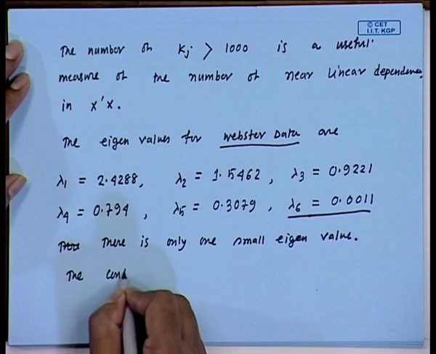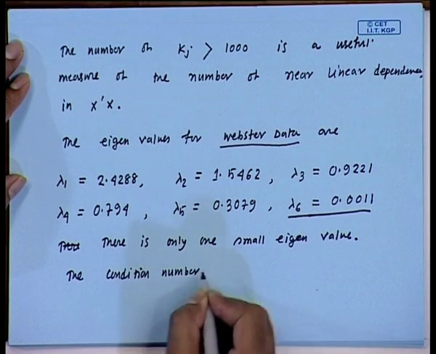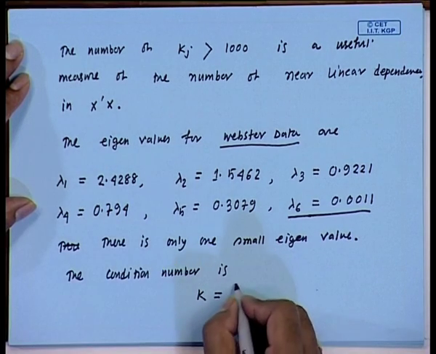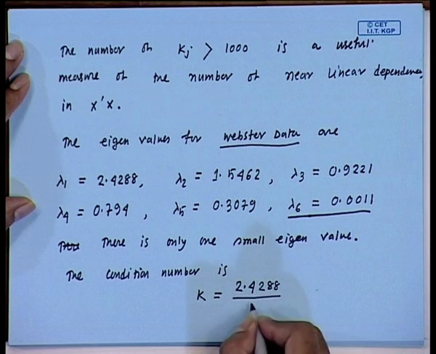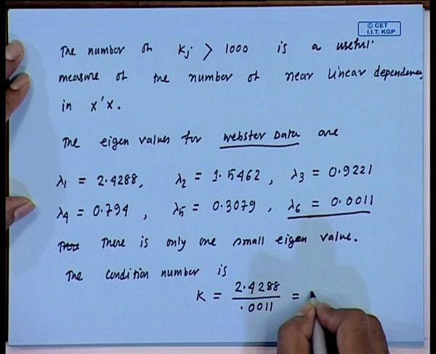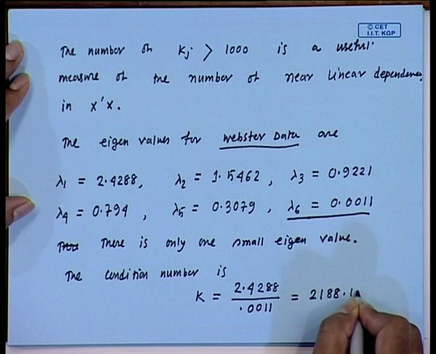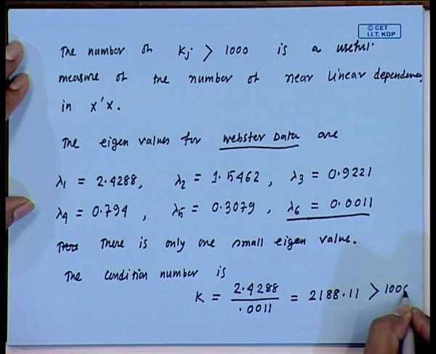Let me first compute the condition number. The condition number is k, which is lambda max, lambda 1 here, 2.4288 by 0.0011, which is equal to 2188.11, and this is larger than 1000, right.